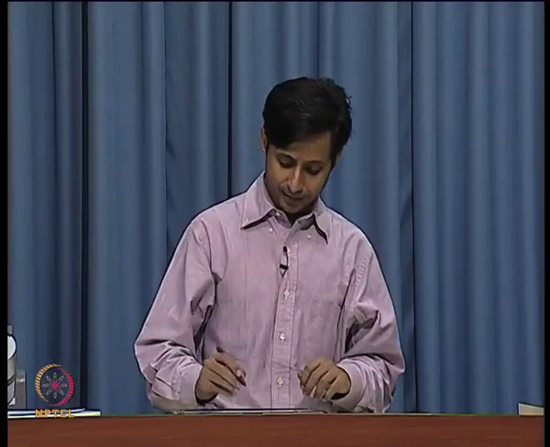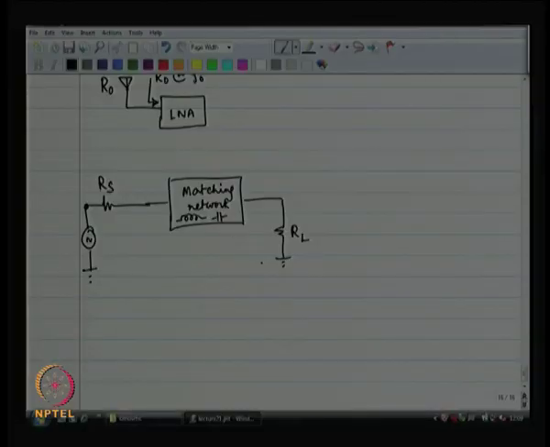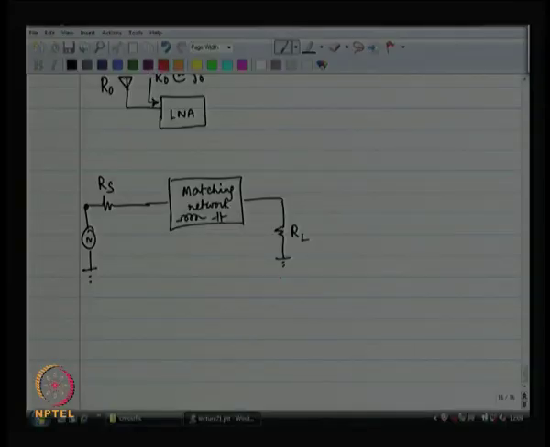Now, the key over here that I want you to understand is that the load that you are delivering power to has got to be resistive. If you do not have a resistive load, then you can't possibly do matching. If this load is not resistive at all, if it was a resistor in shunt with a capacitor, I can do it. I can do matching.